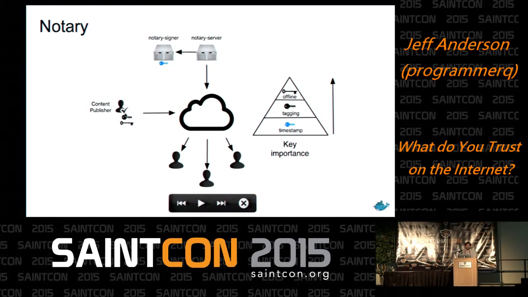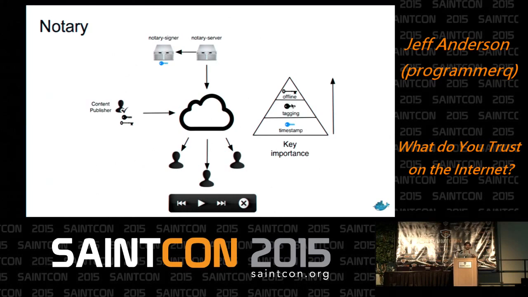So here I am, I'm a content publisher. So I'm going to have my offline root key. And I'm going to also have what Notary calls a tagging key. They have combined the TUF roles of snapshot and targets into one role. So logically, in Notary's implementation, remember I said it was opinionated, it's a tagging key. So it just uses the same key for both roles. Last I checked, they could have changed it for all I know.